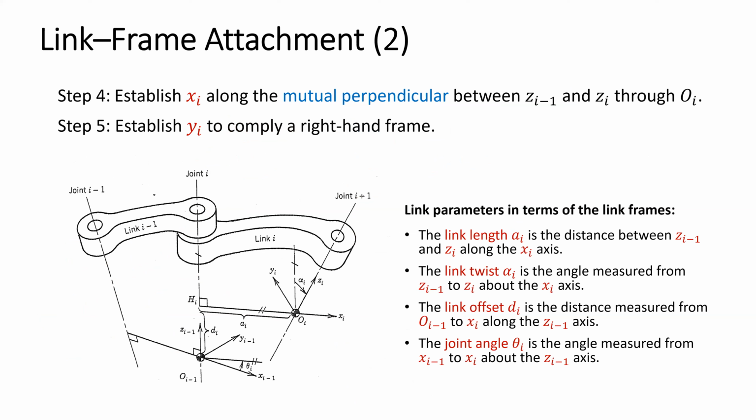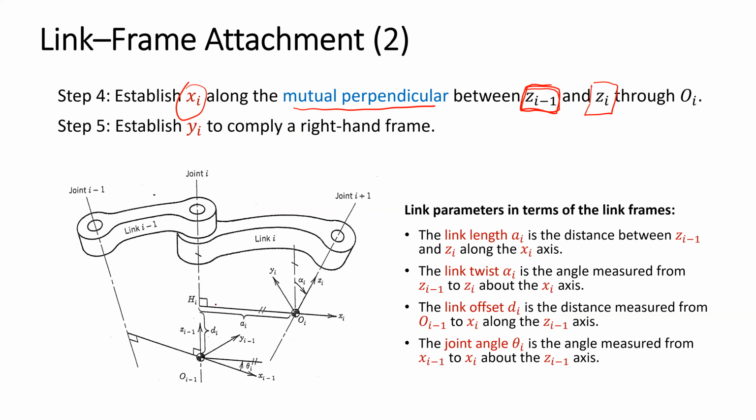The x-axis is the direction of the mutual perpendicular, and it points from the location where it intersects with Ci minus 1 and points to the axis Ci.